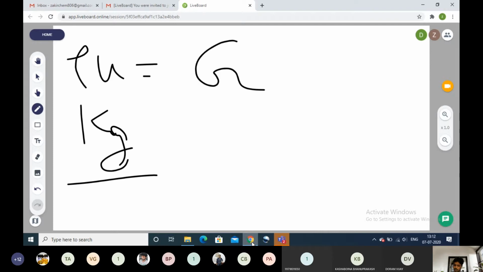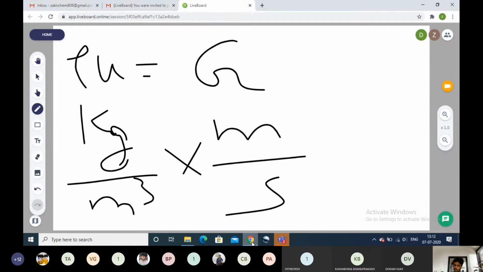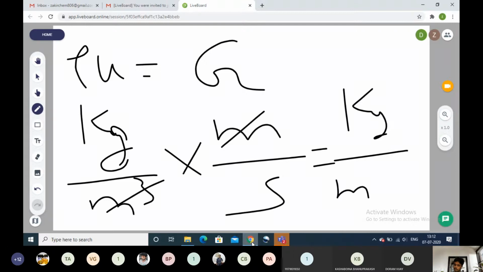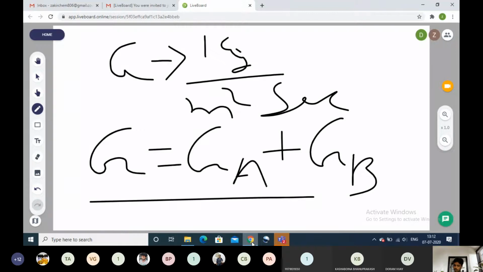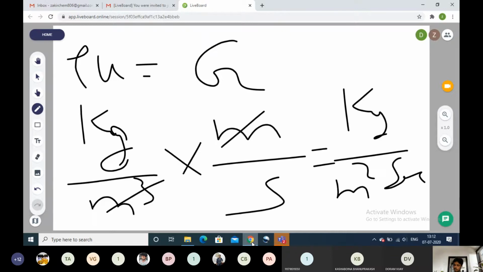Density has units of kg per meter cube, and velocity has units of meter per second. We can cancel out the meter, and the left out term will be kg per meter square second. So these are the units of mass velocity. So we can use this formula, G is equal to Ga plus Gb, using the composition law.